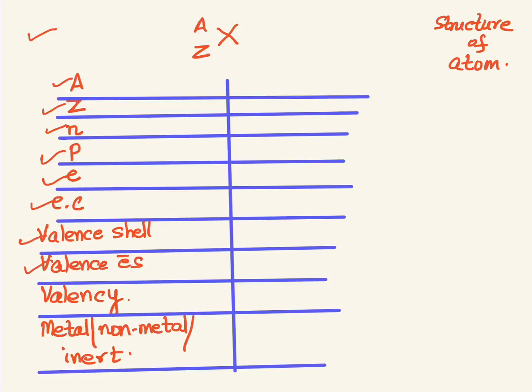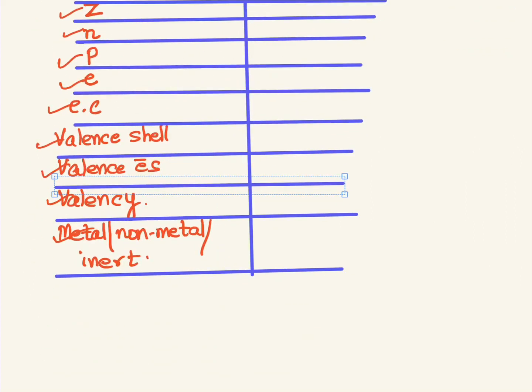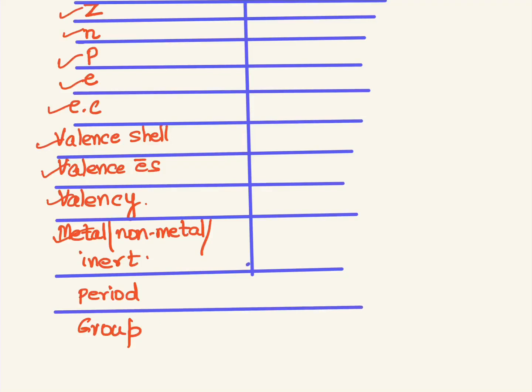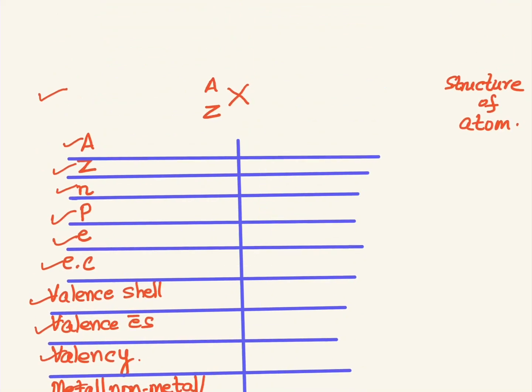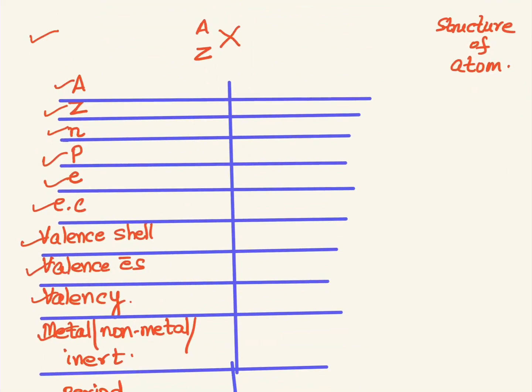Valence shell, valence electrons, valency, metal, non-metal, or whether it is inert, and there are 3 more columns in this which will be introduced, and those will be the period in the periodic table and the group to which they belong in the periodic table, just by knowing the value of these numbers that we have talked about. So let me start.